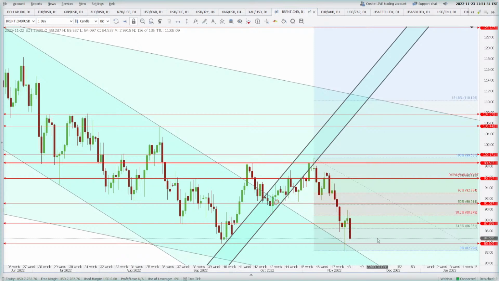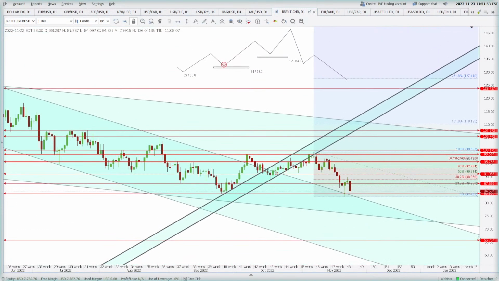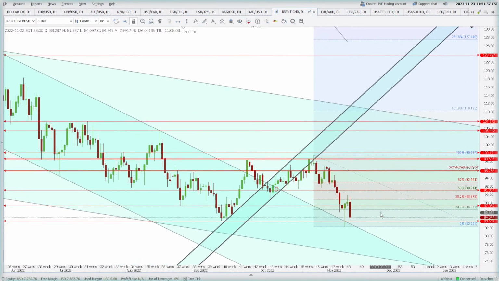If it holds, fine. If it doesn't hold, then the next level will be 65.73. And on the higher side, we have resistance at 87.35 from the intraday, and from major resistance we have 91.06, which is also in line with the 50% retracement from this recent swing high. All right, guys.